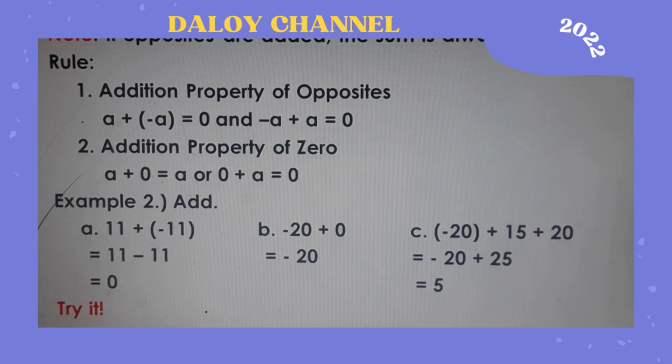Even though it's an addition process, we are using the addition property of opposites. So again, we multiply the negative sign to the plus sign, for example in the formula A plus the negative A. So multiply negative A to the plus sign, so it becomes A minus A, which is equivalent to 0.